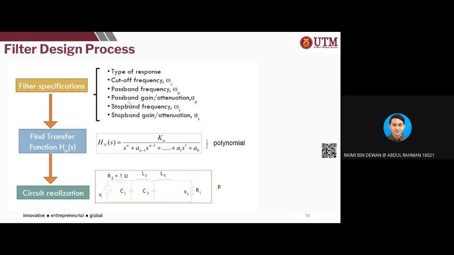Next, we need to know, or we are given, or we are going to solve, depending, the stop band frequency, which is omega S. And when we have omega S, it means we have a stop band gain, which is alpha S. It can also be called stop band attenuation, or pass band attenuation.